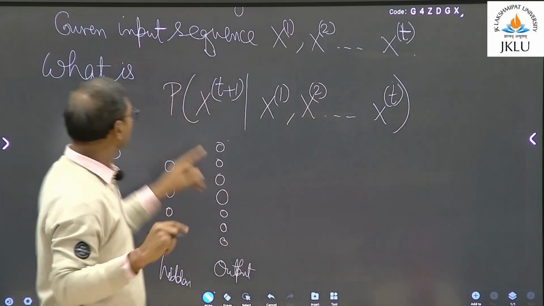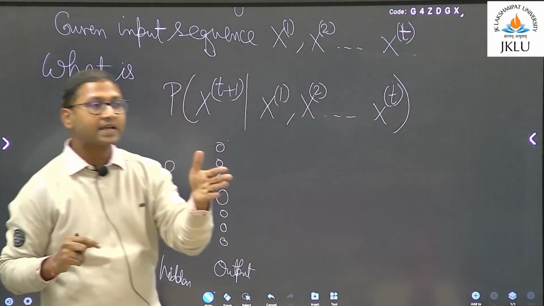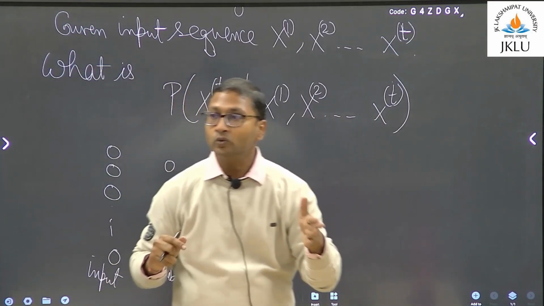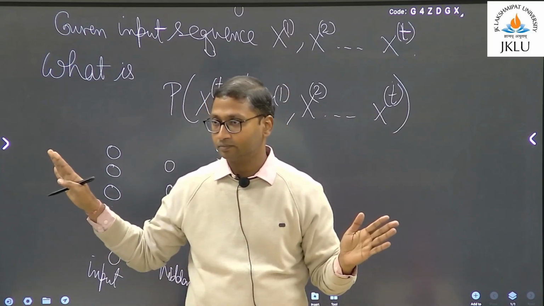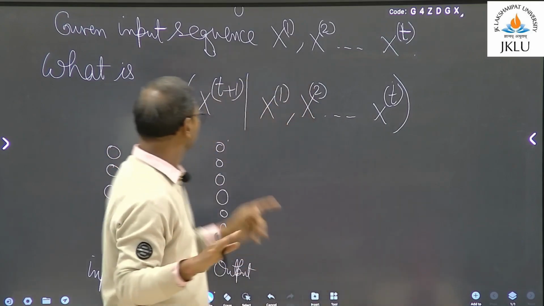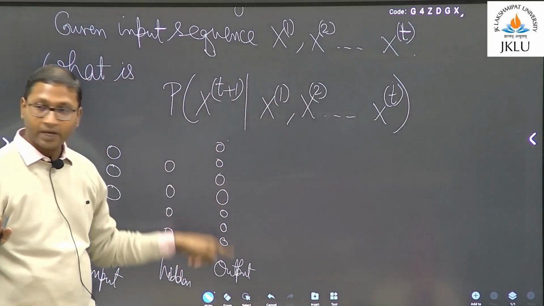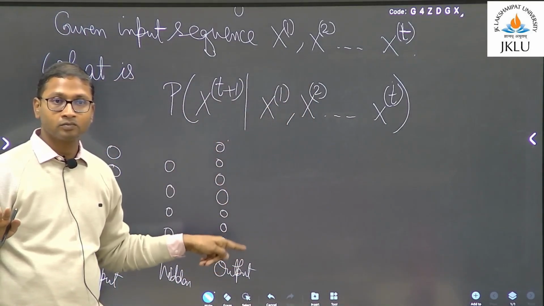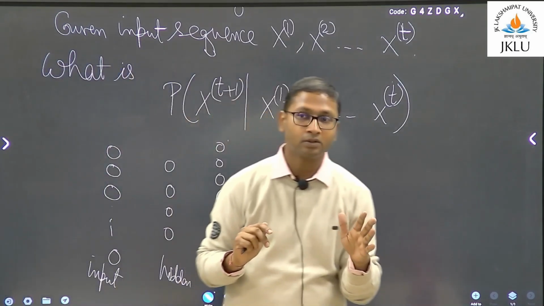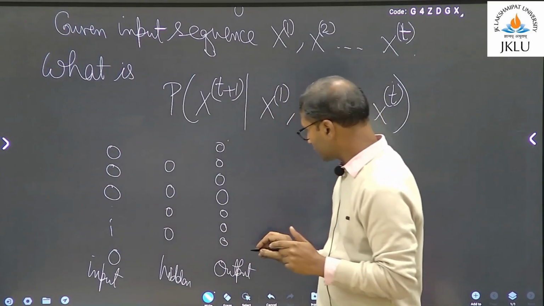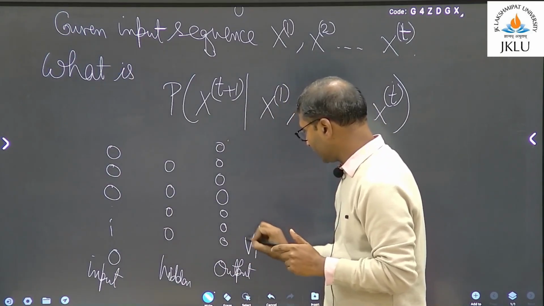So I will be assigning a probability to all words in my vocabulary. So the last layer should have mod V, because my output could be any of the words. Okay, so let us keep it mod V. What else?